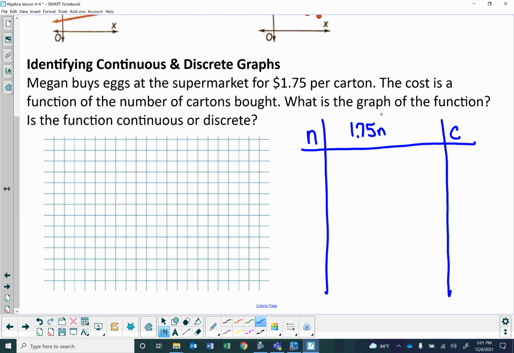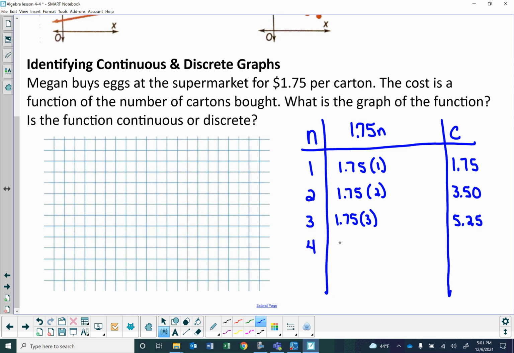So my function is going to be 1.75n. So if I buy 1 carton, it's going to be 1.75 times 1, which is $1.75. If I buy 2 cartons, it's 1.75 times 2, which is going to be $3.50. If I buy 3 cartons, 1.75 times 3, which is $5.25.